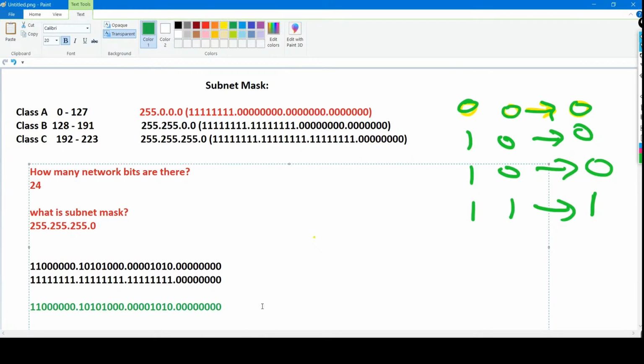Now if you convert this value into decimal, it will be 192.168.10.0. So what is this? Network ID. This is how a machine calculates the network ID for any IP address.